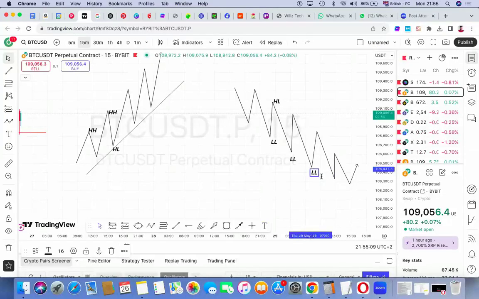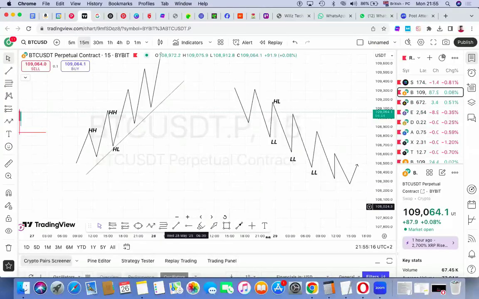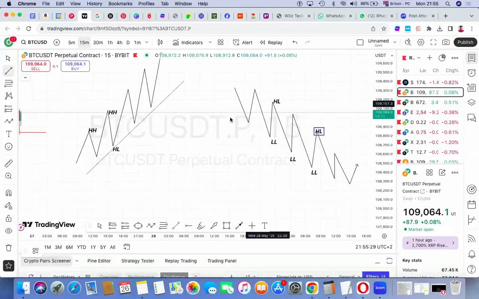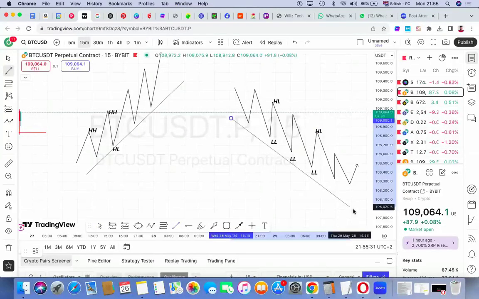We have lower lows and lower highs, so on and so forth. So then, if I take my trend line and draw a trend line here, what you see is that the market is actually creating a lower trend downward.